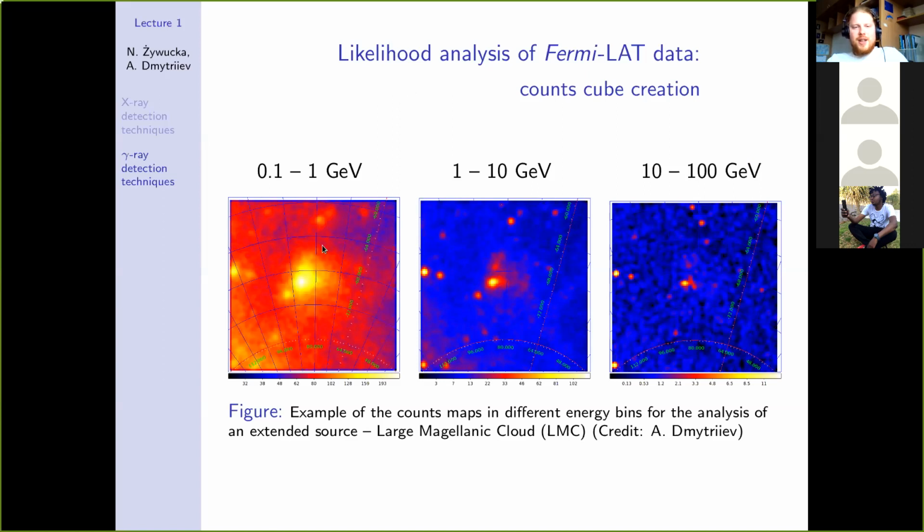For instance, the lowest energy map, you see that it's just a mess. Why so? I forgot to mention that the galactic diffuse background is dominant, in fact, at energies slightly below 1 GeV.